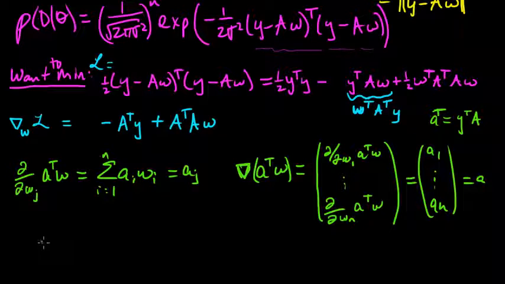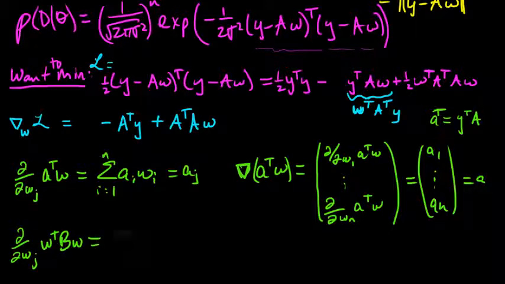So if we have W transpose BW for some generic matrix B, and we want to take the derivative of this with respect to WJ. Sorry, it's the partial.